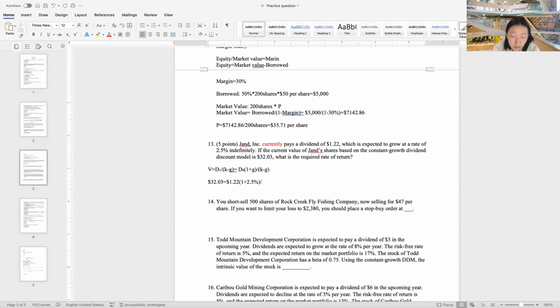Divided by K, we don't know K. We're trying to solve for K, minus G, which we do know. So ladies and gentlemen, solving the right-hand side variable, we need to isolate K. Why not just simplify everything here?